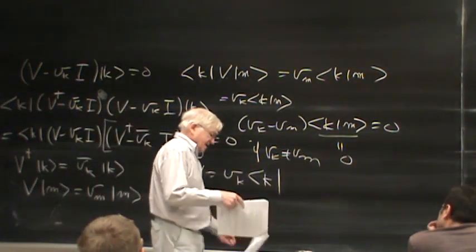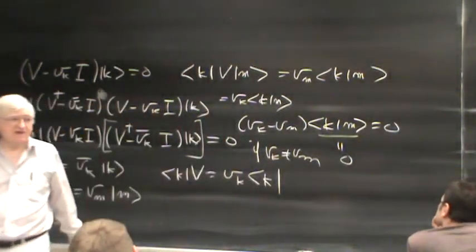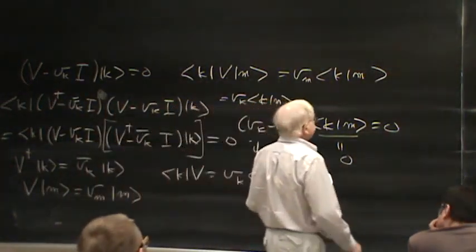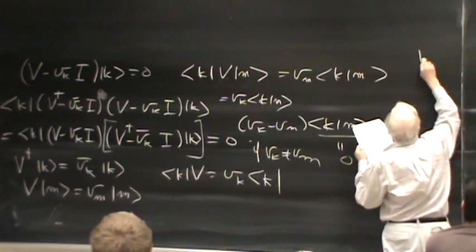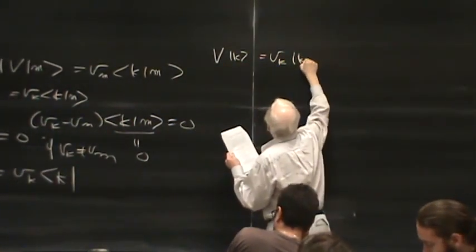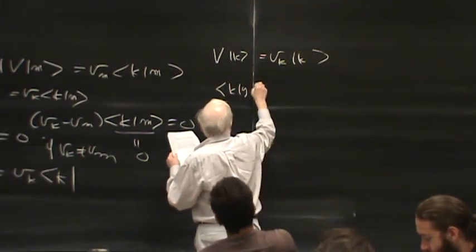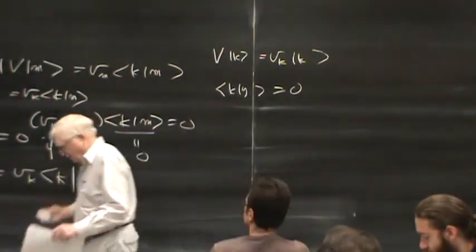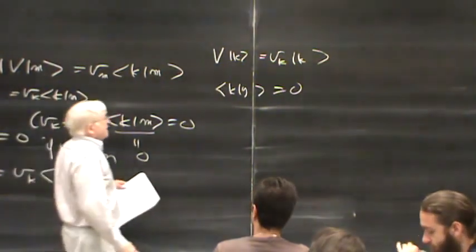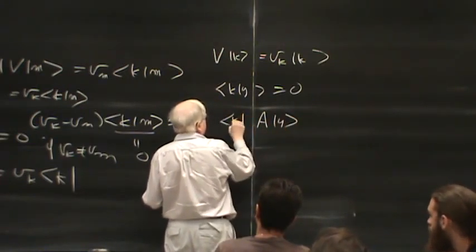On the other hand, what we can do now is play the same mathematical trick as we did with Hermitian matrices. Namely, we can say, suppose V|k> is v_k |k>. Suppose |y> is a vector that's orthogonal to an eigenvector. Then the vector V|y> is also orthogonal to |k>.